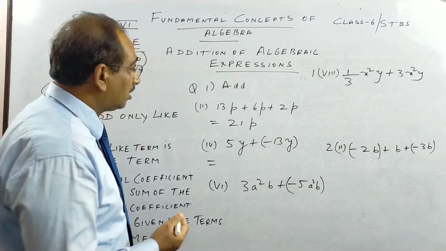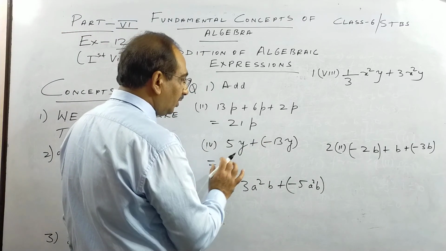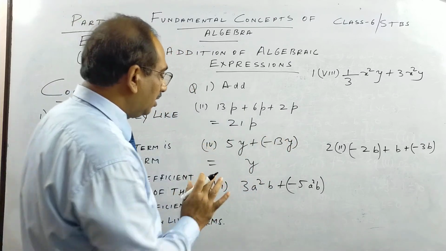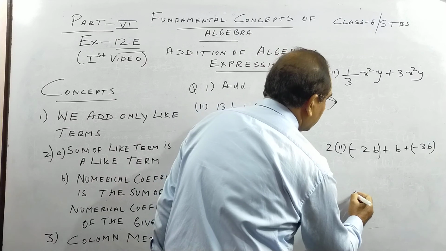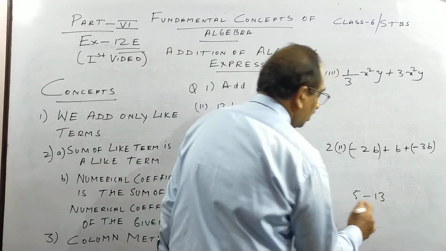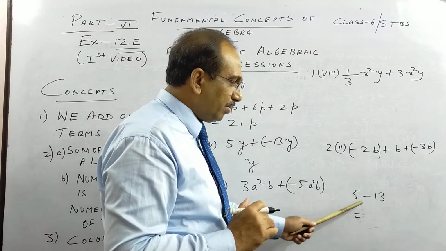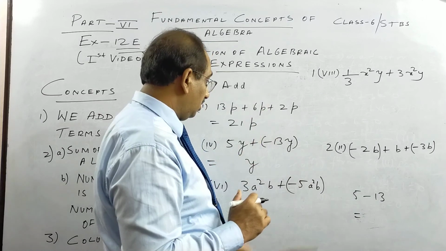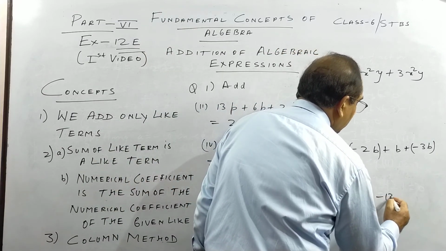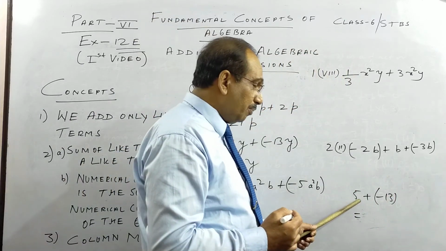So please try to see here. 5y minus 13. So y and y you will get y only, no question about it. So 5 and minus 13. If you check before, I have explained to you that when you have one plus and one minus while adding them, you can say it in one more way: when you add one plus and one minus, the rule is subtract the smaller.